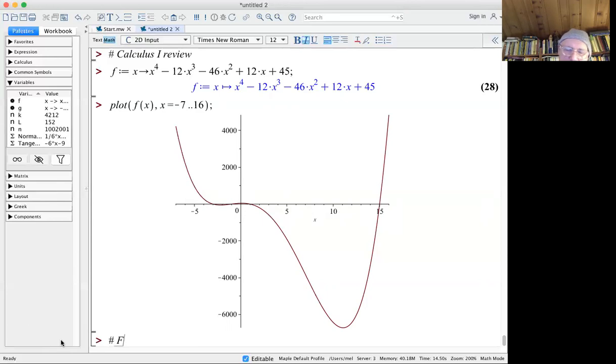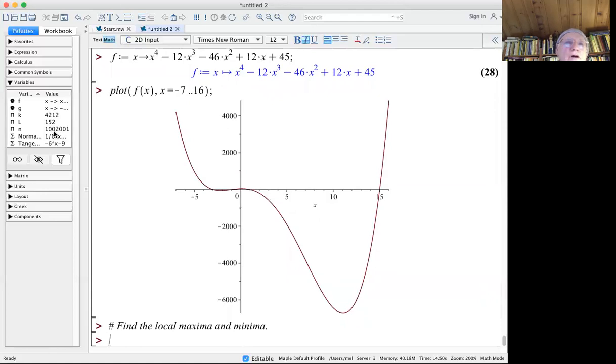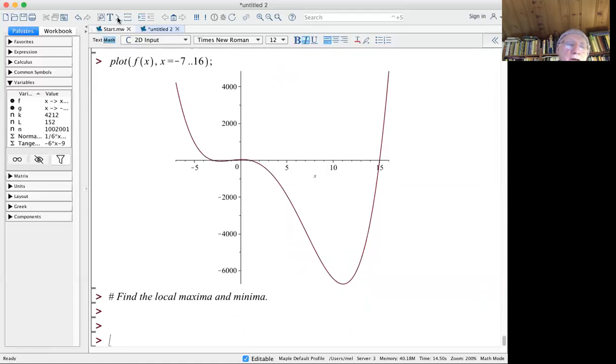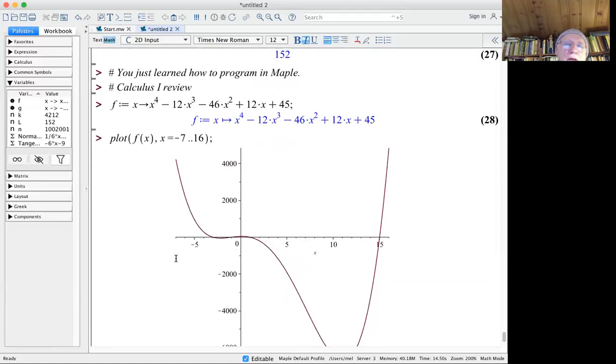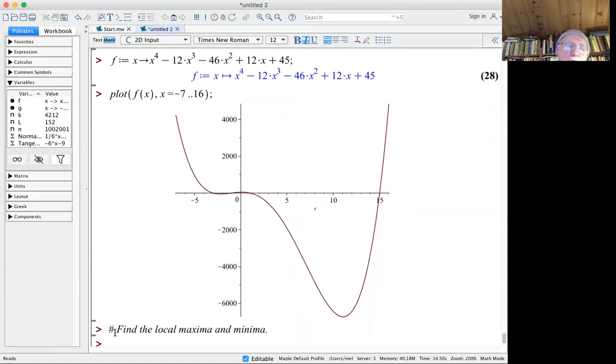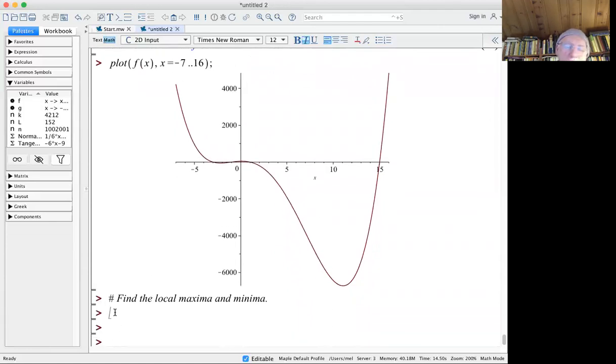Let's find the local maxima and minima. So what do they teach you in Calc 1? You have a minimum where the derivative is 0. What is the derivative of the function f of x?